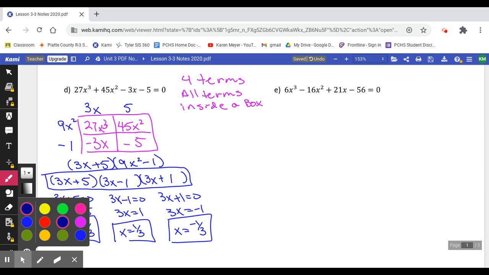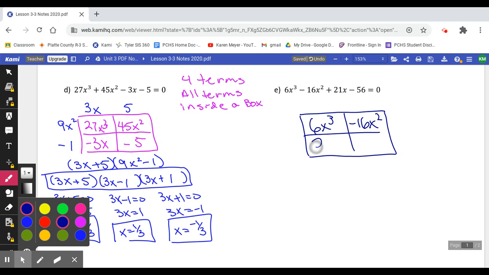Okay, let's just go try it again. So start off with putting all 4 terms inside a box. So 6x to the third minus 16x squared, positive 21x minus 56. Then up and down, I can take out a 3x. And I can't start with a negative, so take that out.